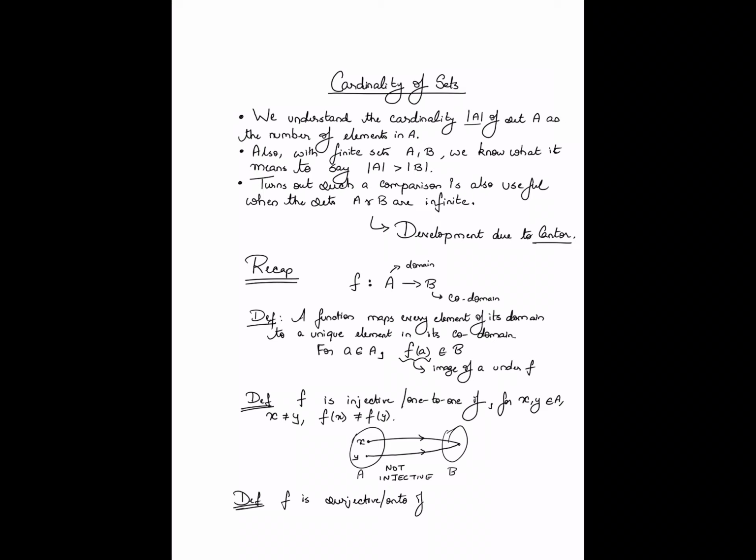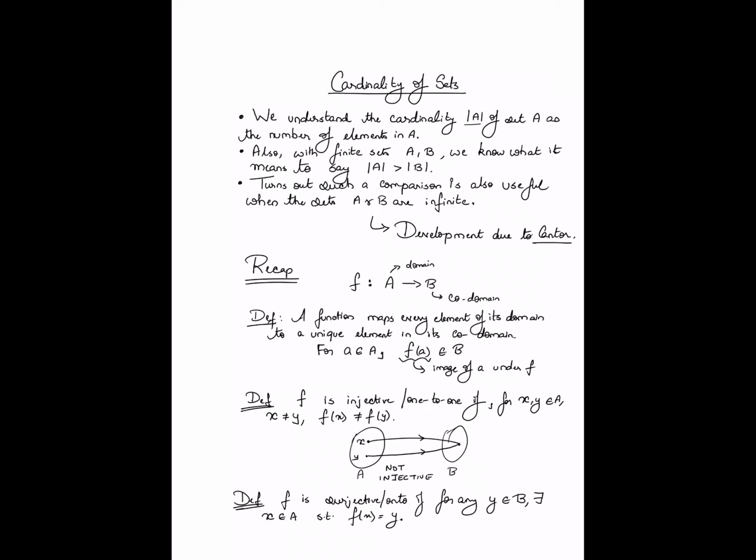If for any, let's say, y in B, there exists an x in A such that f of x is equal to y. In other words, a function is onto if every element in the codomain is the image of some element of the domain. Okay, so in that case, we call the function surjective or onto.